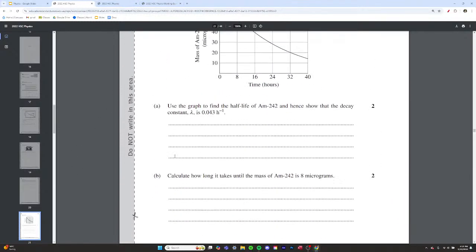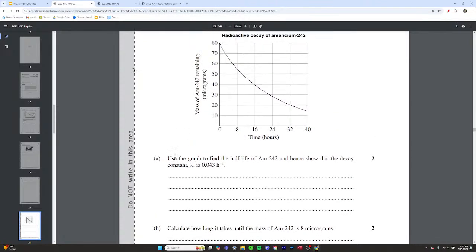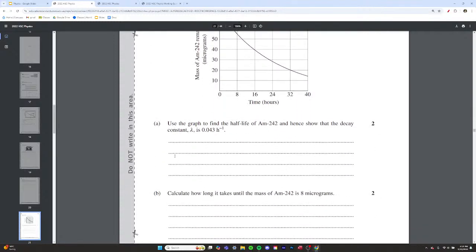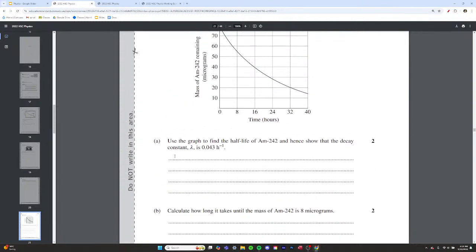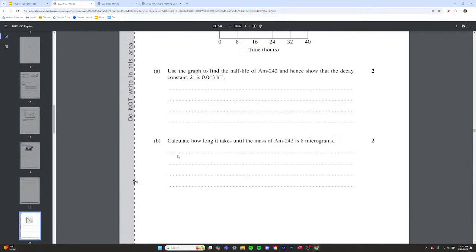Calculate how long it takes until the mass of that is 8 micrograms. Oh, okay. Well, if the time it takes for a half-life is 16, to get down to 8, how is it?